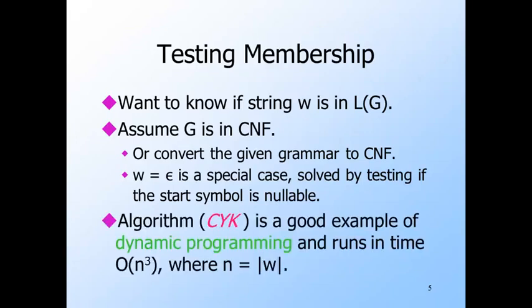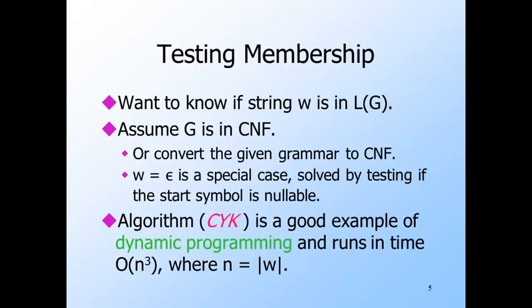We're going to give an algorithm called CYK. The initials stand for the three people who independently invented the idea: John Cocke, Daniel Younger, and Tadao Kasami. This algorithm is a great example of a dynamic programming algorithm and worth seeing for that reason alone.